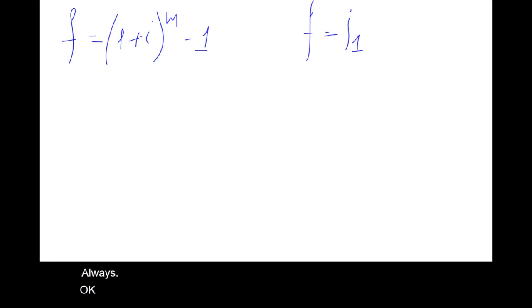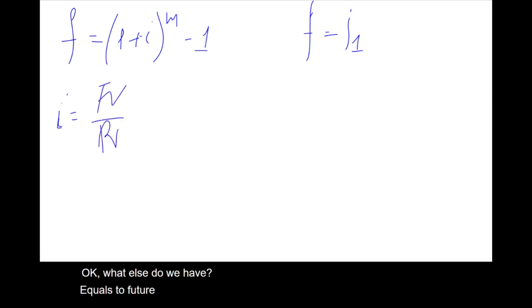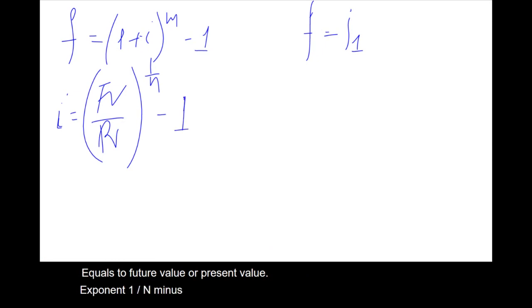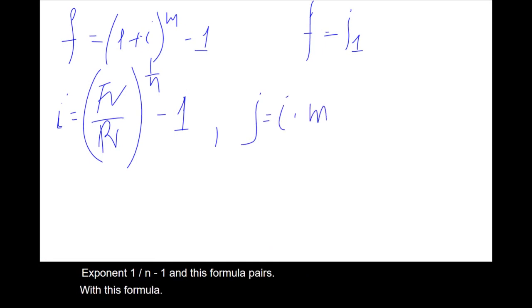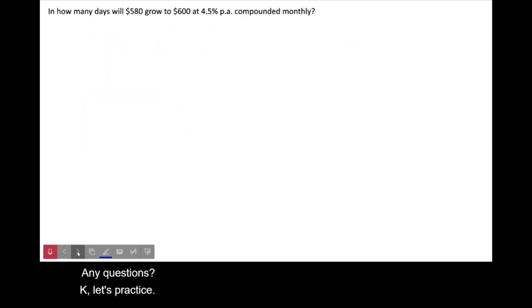What else? We have I equals future value over present value exponent 1 over n, minus 1, and this formula pairs with this formula.